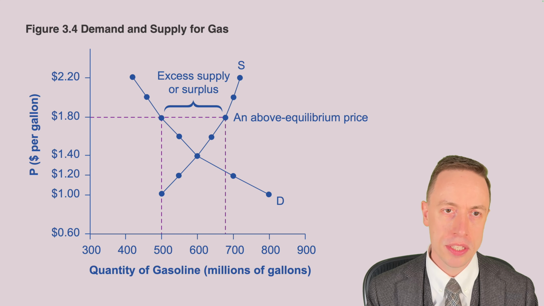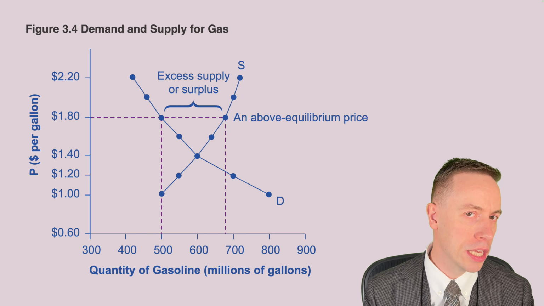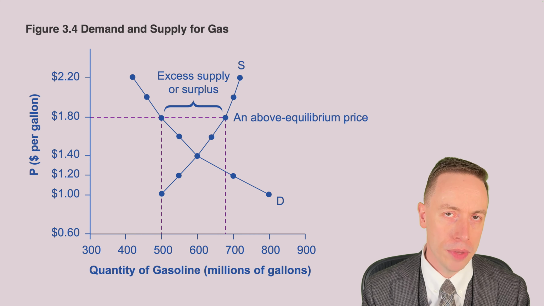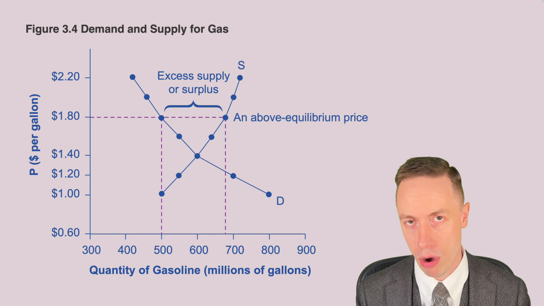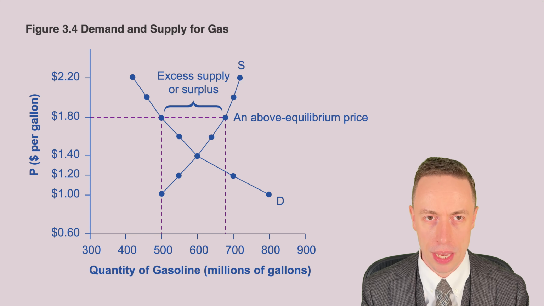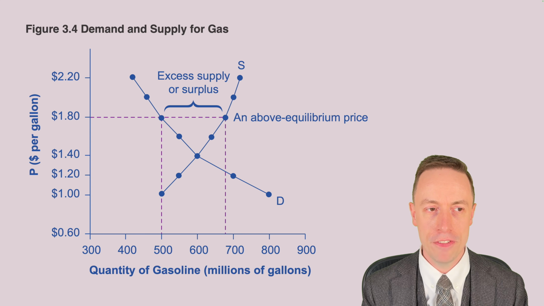We have sellers unable to sell some of the units they would like to sell. And we are going to expect that they are going to start cutting price to get a sale rather than no sale. So let's go ahead and think about this. If those sellers cut the price, law of supply says quantity supplied decreases.